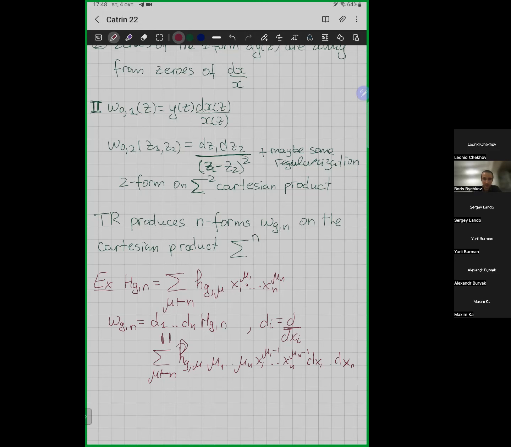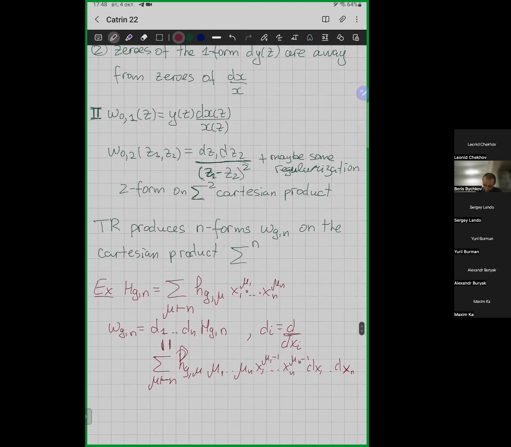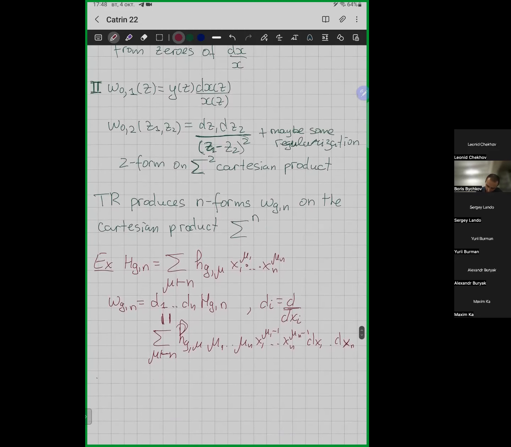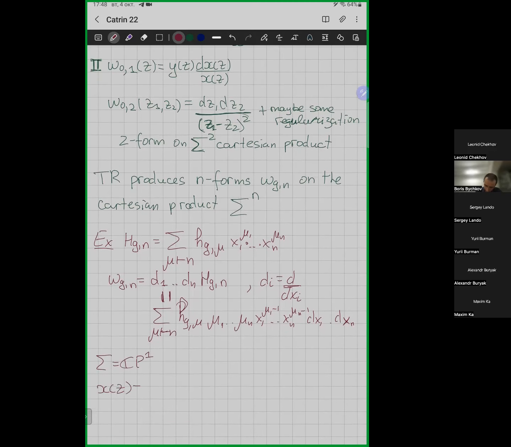In the case of simple Hurwitz numbers, we have Sigma just CP1, and x of z is z e to the minus z, and y of z is just z.